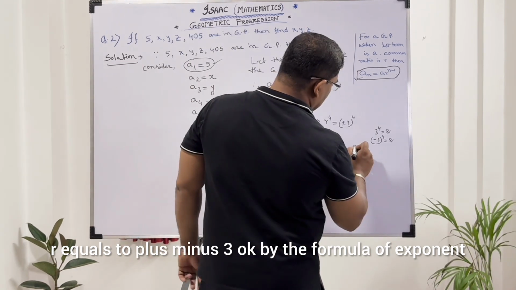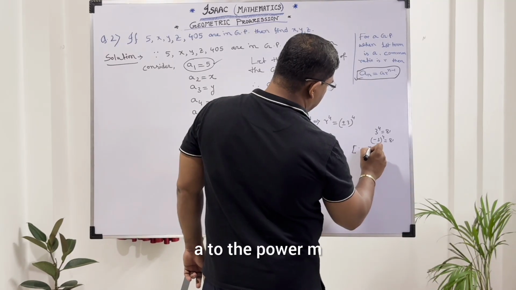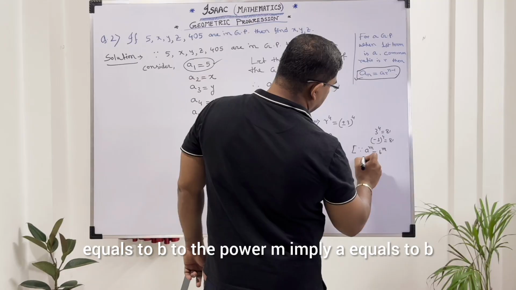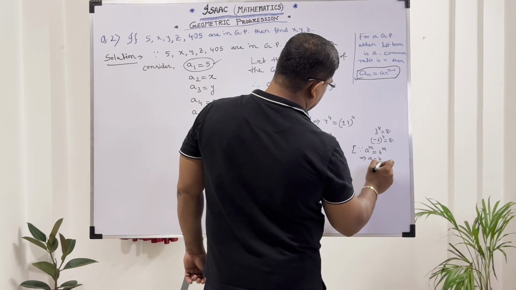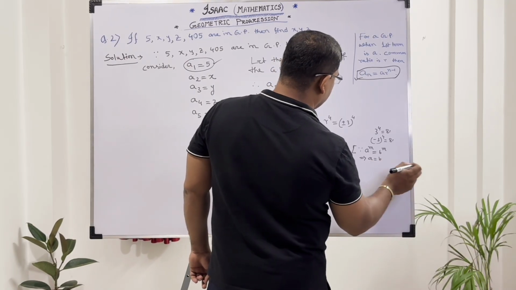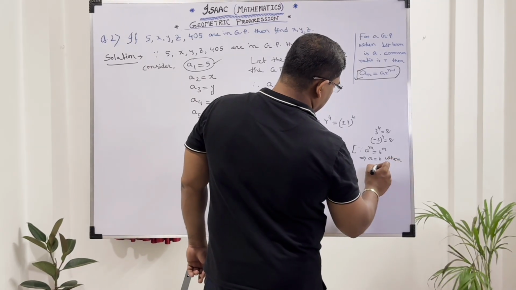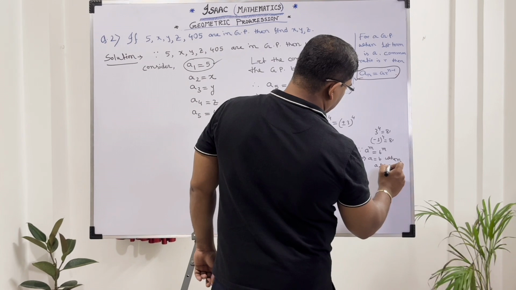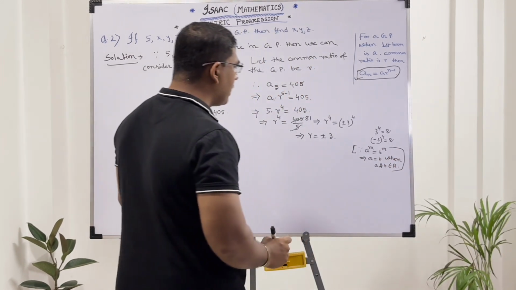Okay, by the formula of exponent, A to the power m equals to B to the power m implies A equals to B, when A and B belong to real numbers.